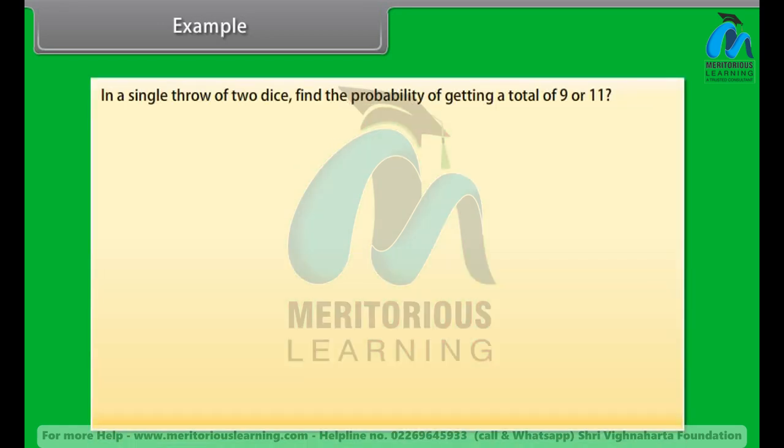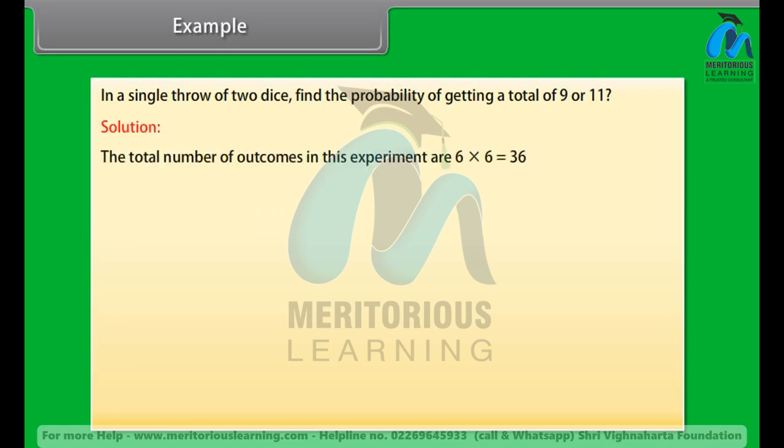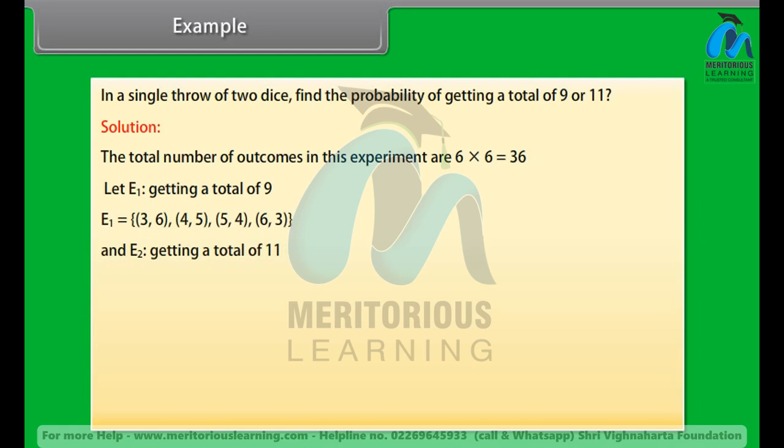In a single throw of 2 dice, find the probability of getting a total of 9 or 11. Solution. The total number of outcomes in this experiment is 6 into 6 is equal to 36. Let E1 be getting a total of 9. E1 is equal to {36, 45, 54, 63} and E2 getting a total of 11.